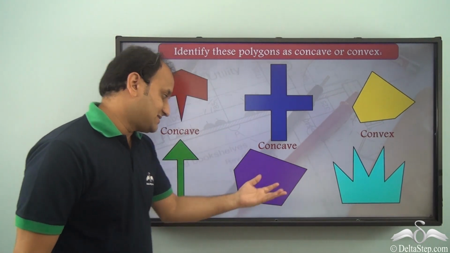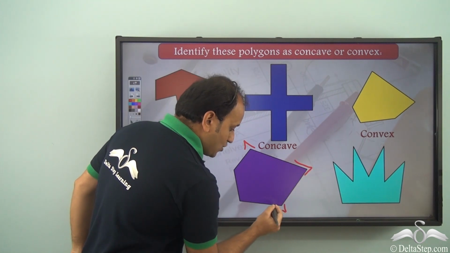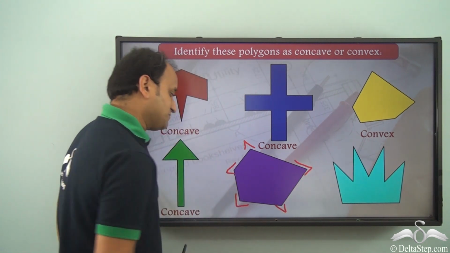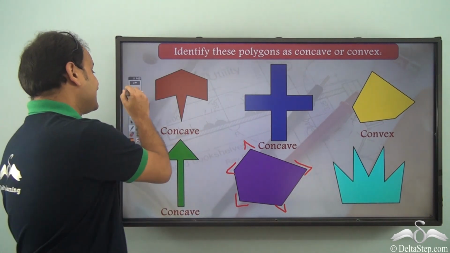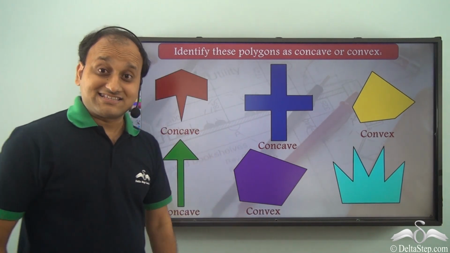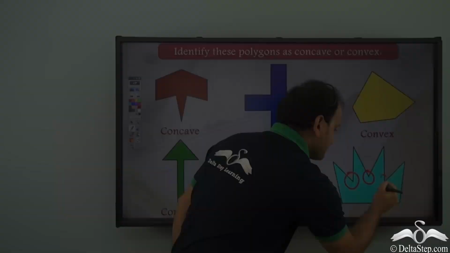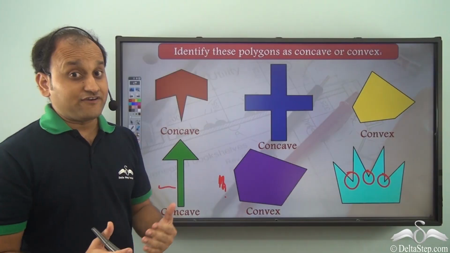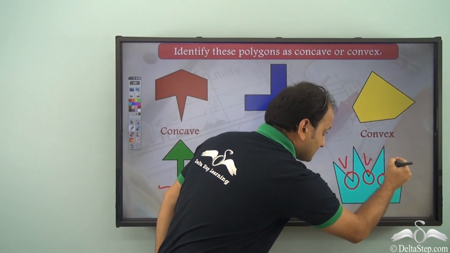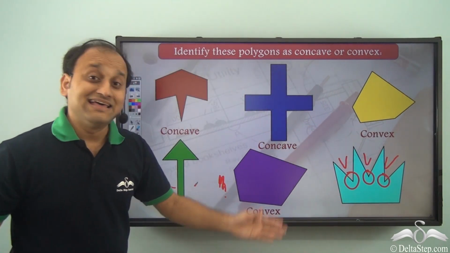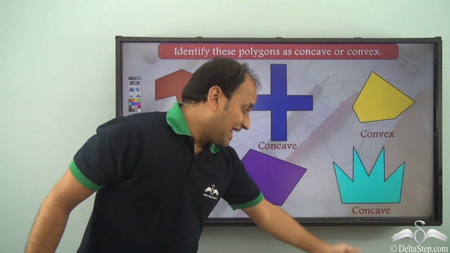And what about this? Again, this has all the vertices pointing outwards, which means all the angles are less than 180 degrees, and this is a convex polygon. What about this? Here we have three vertices which are pointing inwards, which means this again is a concave polygon.